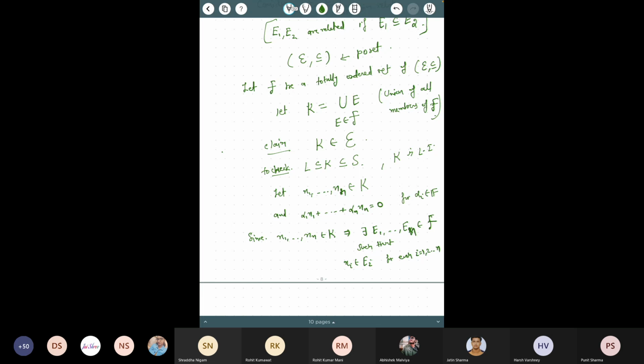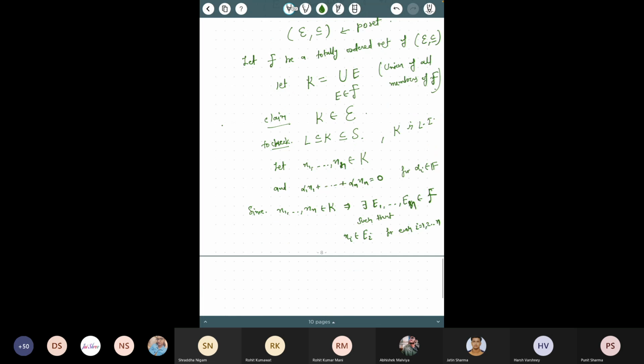Fine. Now since F is totally ordered, every two elements are comparable in F. What does it mean? If you take any two members, which are sets, say E1, E2 in F, then either E1 is contained in E2 or E2 is contained in E1.